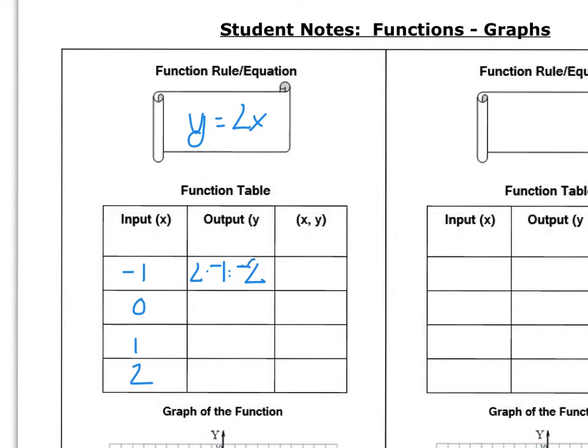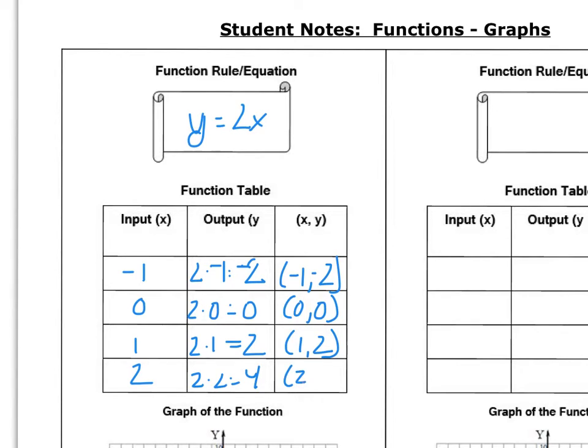So my ordered pair is negative 1, negative 2. The next one is 2 times 0 is equal to 0, so my ordered pair is 0, 0. And then I have 2 times 1. 2 times 1 is 2, so the ordered pair is 1, 2. And finally, 2 times 2 is 4, so the ordered pair is 2, 4.